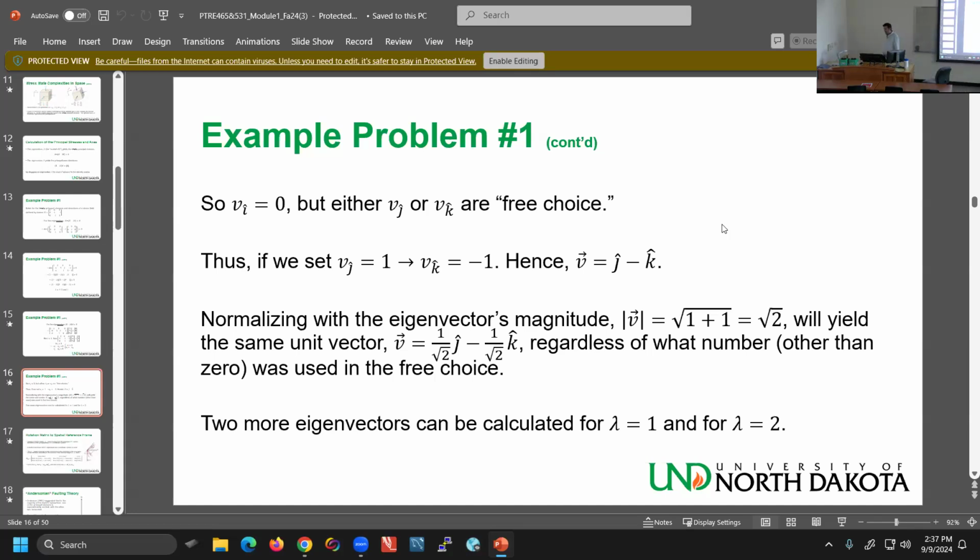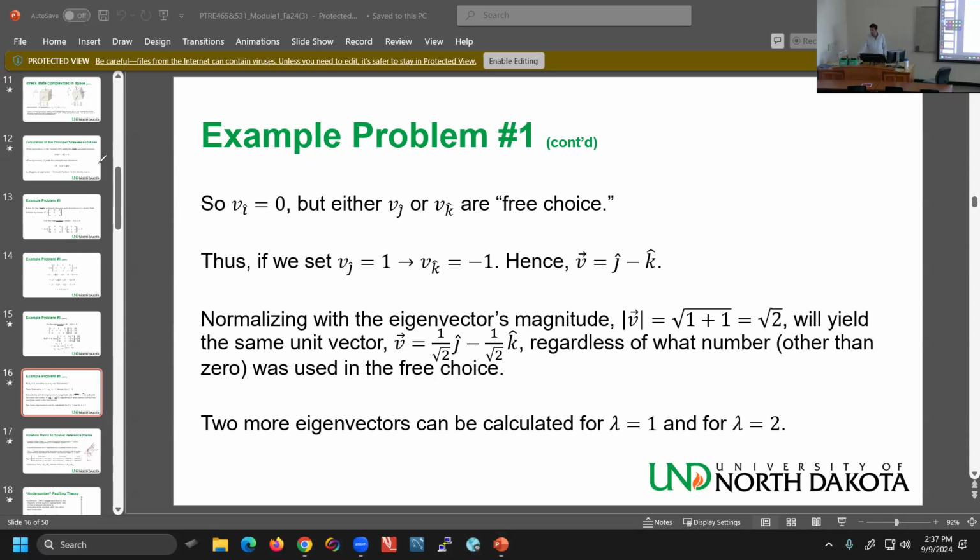Also, something else to say: many times people find themselves in a kind of confusing situation in exams or homeworks.